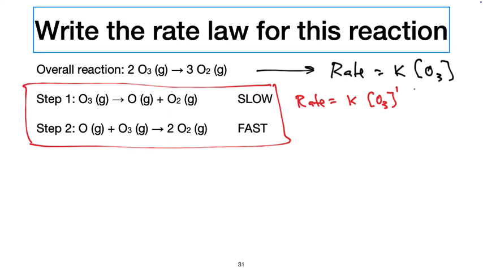Okay? In the top case, it was a question mark. I can't use it because that's based off of the mechanism. As soon as I move into step 1, that's a mechanism. Now I know the order of the reaction. It's from my expression. What happens for step 2? What will my rate equal?